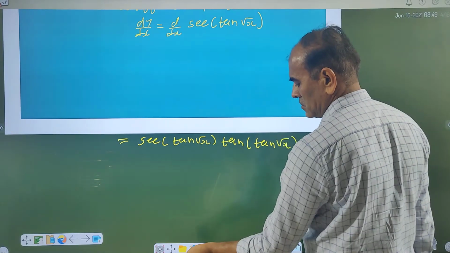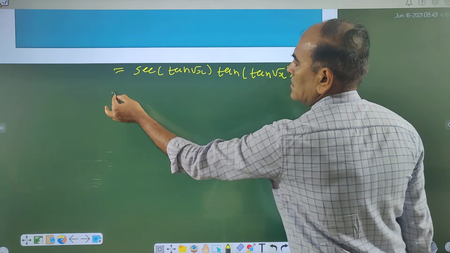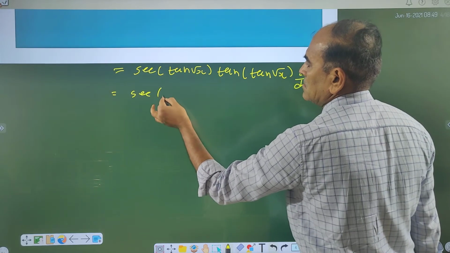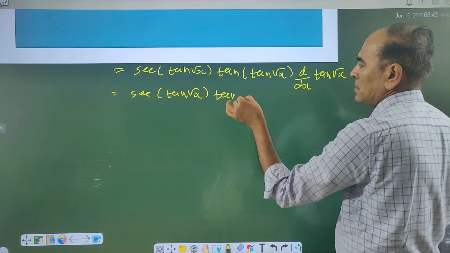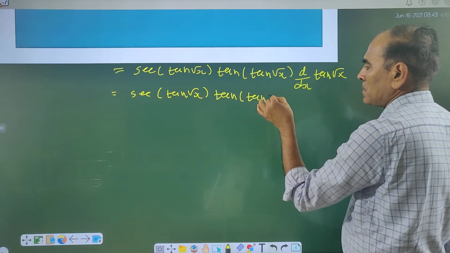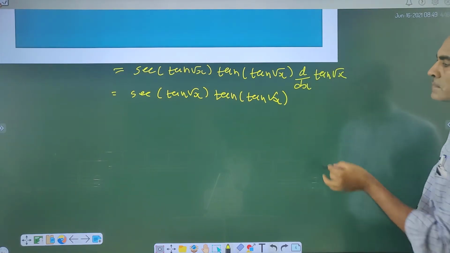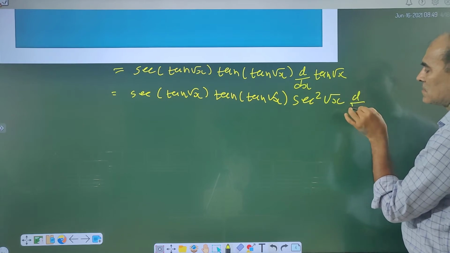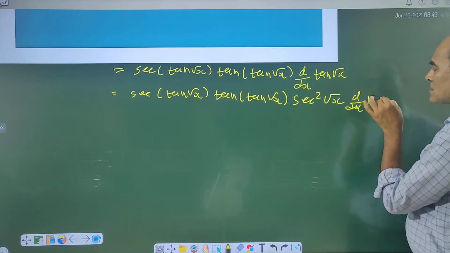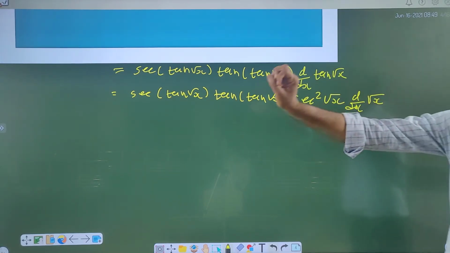And that is equal to this as it is, sec of some function, tan of tan root x, tan of some function, sec square of some function, d by dx of some function. So this is the last derivative, right? Last derivative first.